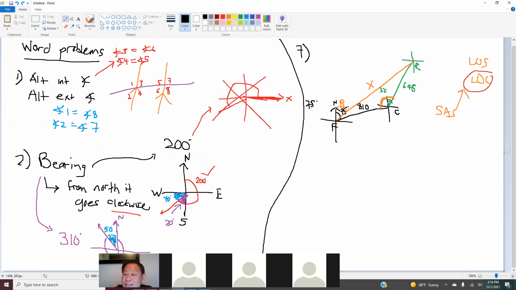Now this one is exactly what? 90, right? Because it's a whole quadrant. The only part we're missing is this purple one. If you know this purple one, then we just add 32 plus 90 plus the purple, then you get the whole angle. But does anyone know how to find this purple?